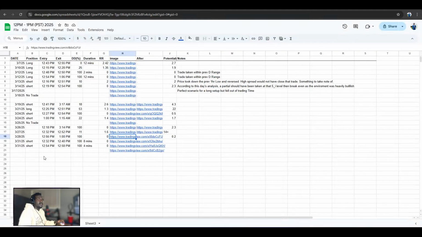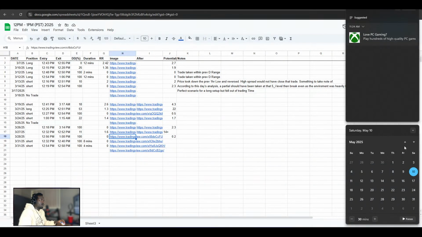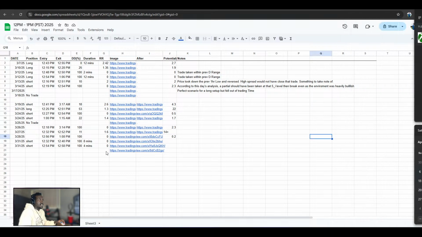So I do have a lot of journaling to do from the 4th up to the 16th, so that's some data to enter. So we do have 1, 2, 3, 4, 5, 6, 7, 8, 9, 10, 11, 12, 13 days to enter here.